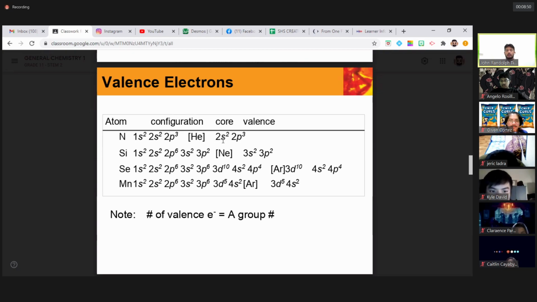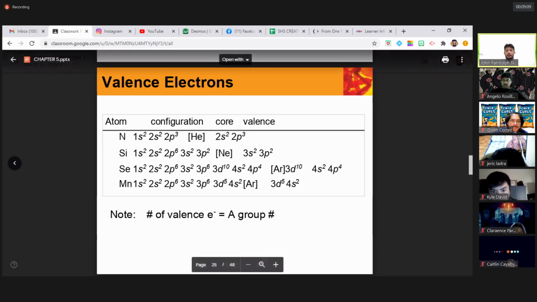So your valence electrons here are 2s2, 2p3. How many valence electrons for nitrogen, based on its condensed electronic configuration? Can you tell the number of valence electrons?